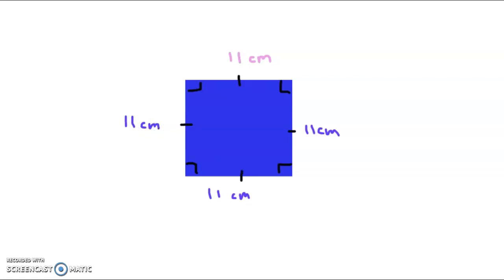And now we can find the perimeter and do 11 plus 11 plus 11 plus 11, which equals 44.